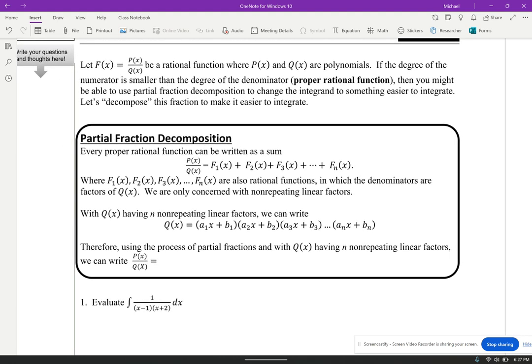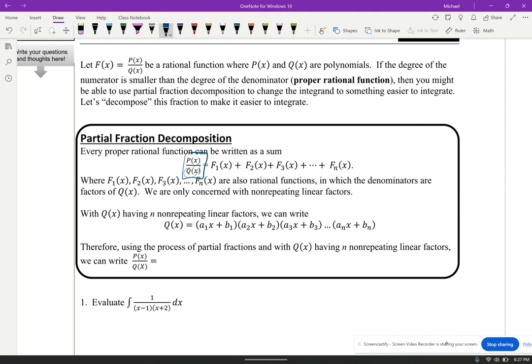But all this is saying is whenever I have a rational function, a rational setup, a fractional setup, I can break this into little rational functions that we're adding together, as long as the denominators are factors of Q of x.